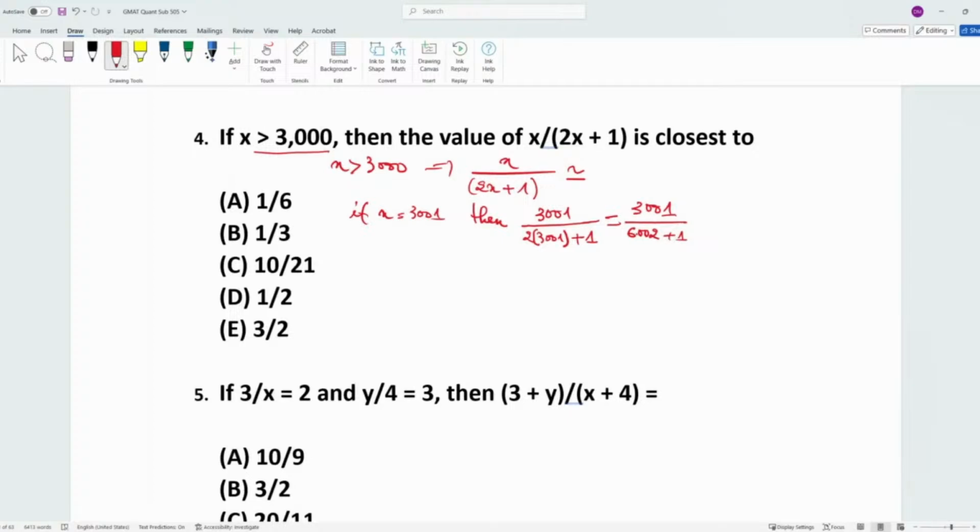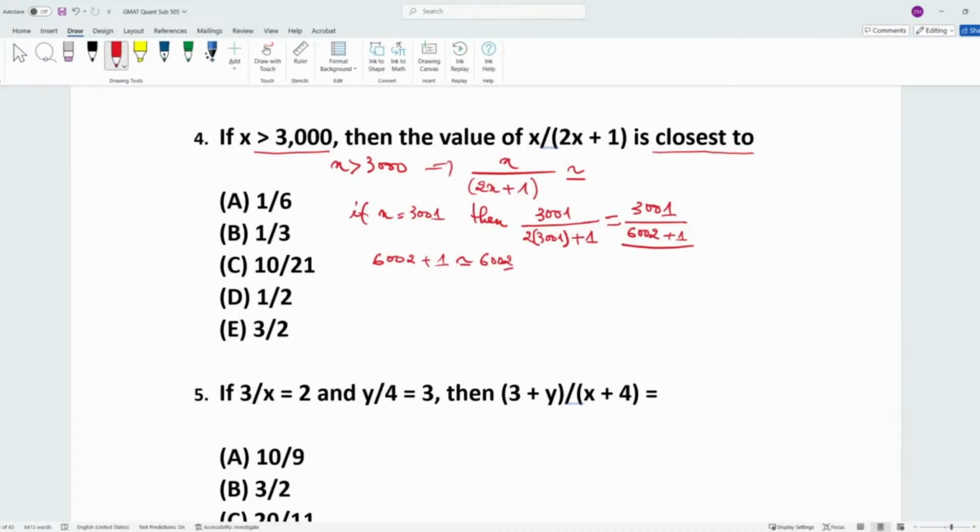So since here we are not looking for the exact value, we are looking for the value that is closest, the closest value. And we can see that this one, 6002 plus 1, is approximately 6002.